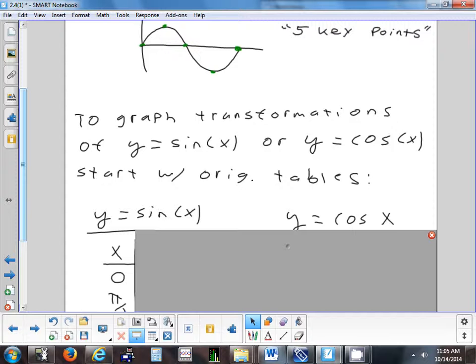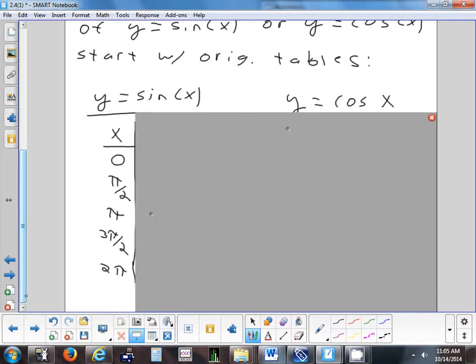They have to be spaced equally, and we're starting at 0 and ending at 360. Yeah, they're every 90 degrees, exactly. So we're going to start out with these original tables, spacing our x values every 90 degrees. That's 0, 90, 180, 270, and 360. Except we're doing it in radians.